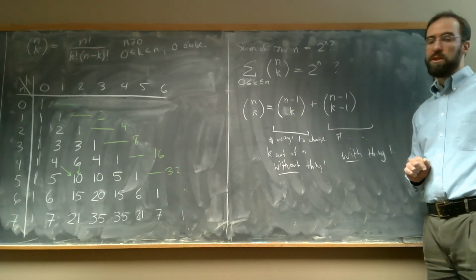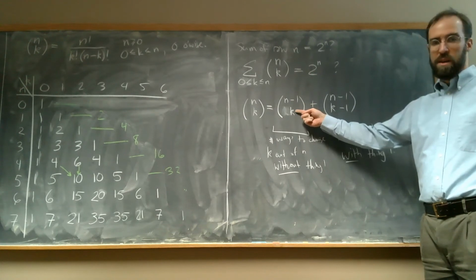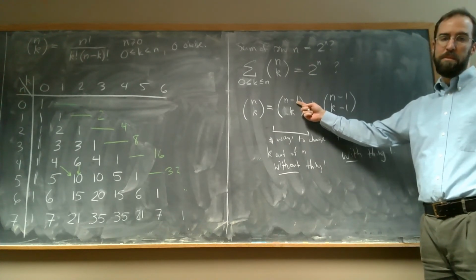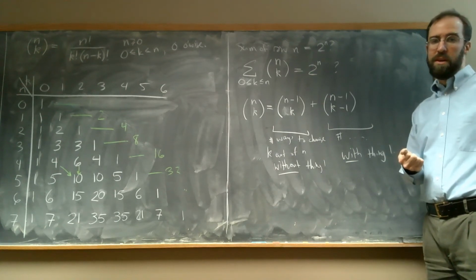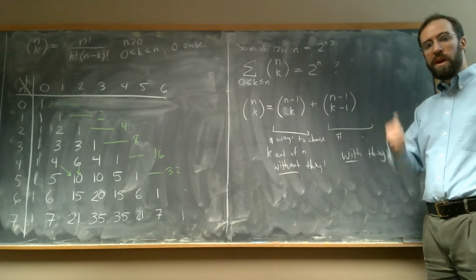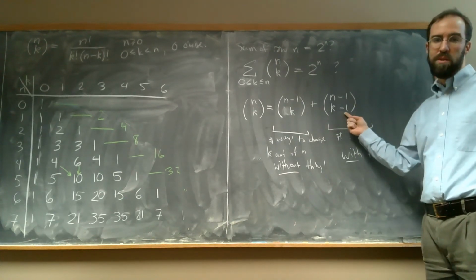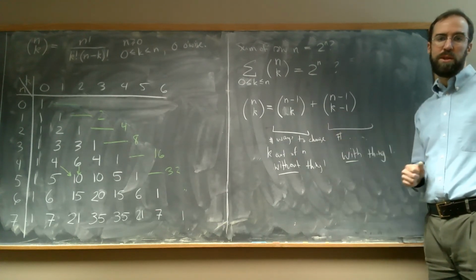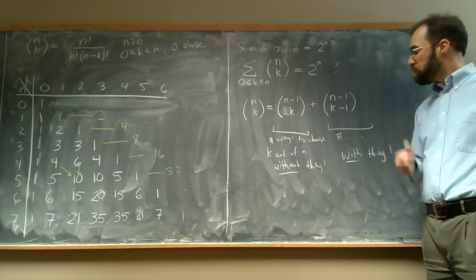So the number of ways is the number of ways to choose k things out of the remaining n minus 1. And what about this? If I do choose thing 1, I still have n minus 1 things left to choose from, but now I already have one thing in my set, so I only need to choose k minus 1 to fill out the rest of my choice of k things out of the remaining n minus 1.